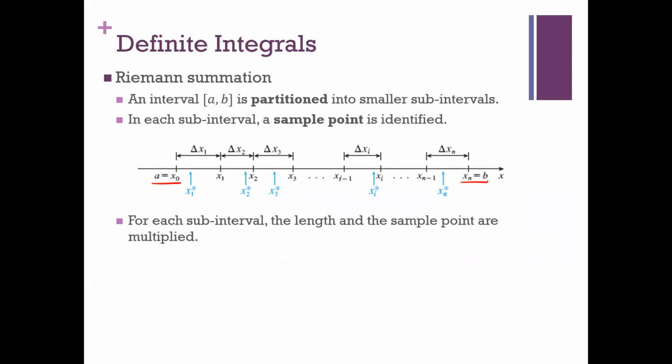So in this case, the thing I showed you, we partitioned it into 5 subintervals. But really, a Riemann sum can be partitioned into any number of subintervals. In this case, we're just going to use that general n again. And then in each one of those subintervals, we are taking a sampling point.